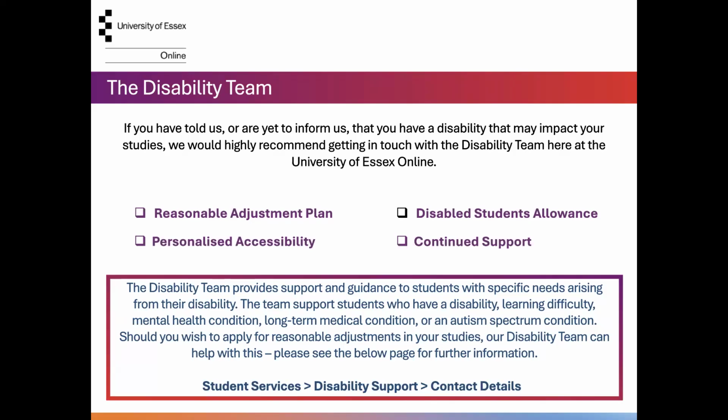The team supports students who have a disability, learning difficulty, mental health condition, long-term medical condition, or an autism spectrum condition. Should you wish to apply for reasonable adjustments in your studies, our disability team can help with this. So please see the below page for further information.